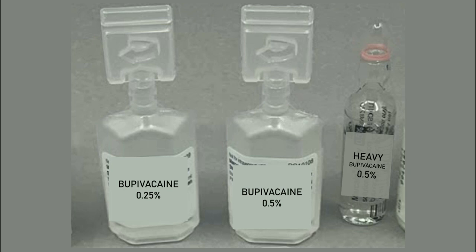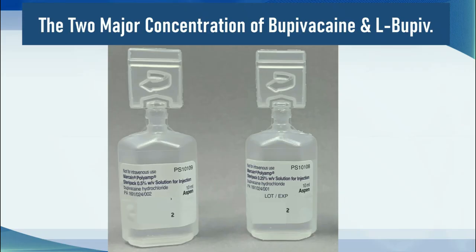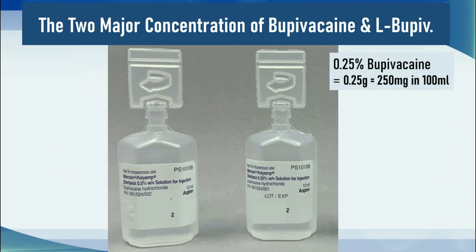What's in these ampules? Although these 2 ampules look identical, if you read the labels carefully, you will see that these are the 2 major concentrations of bupivacaine and levobupivacaine. On the right, there is 0.25% bupivacaine. That seems like a very small number, and it is. It's 1/4 gram of bupivacaine in 100 ml of water, or 250 milligrams per 100 ml, and that works out at 2.5 milligrams per ml.